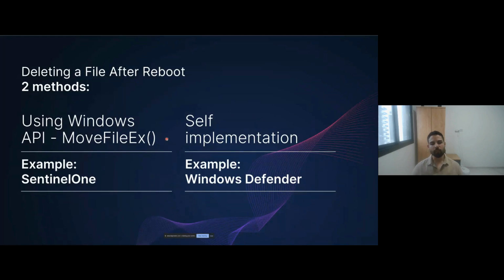And the other way was just to implement it inside the EDR, meaning to keep a list somewhere of the files to delete after the reboot, and then after the reboot, just go through the list and delete these files. An example for an EDR or an antivirus that does it is Windows Defender.